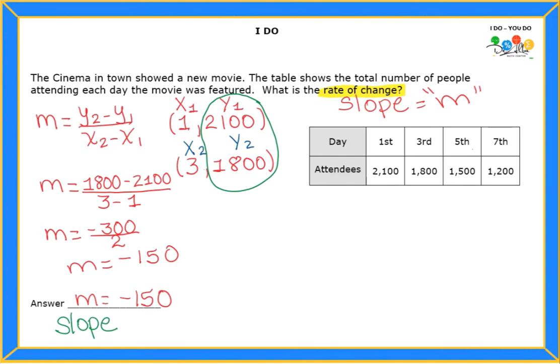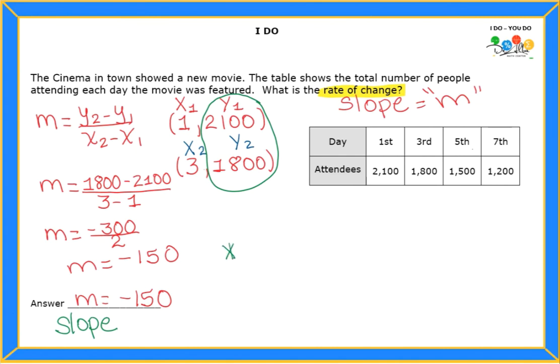Very good. So now in terms of the problem, what can I say about the negative 150? What is that number representing? Okay, now remember the negative 150 is coming from the number of attendees. Is that right? So we're going to say that the slope represents the number of attendees that is getting deducted from every single day. Is that correct?